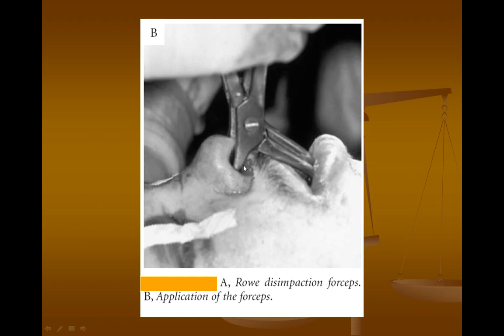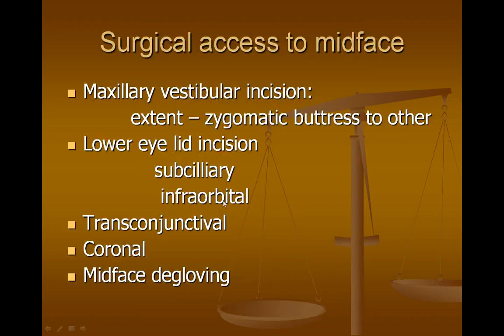These are the forceps used to keep the fracture segments in position, the Rowe disimpaction forceps. Traction has to be applied in a forward direction like that, because in maxillary fracture the muscle pull will move the fracture segment inferiorly and posteriorly. To counteract, these forceps can be used to keep it in reduced position and fix.